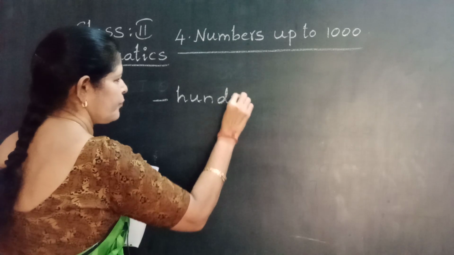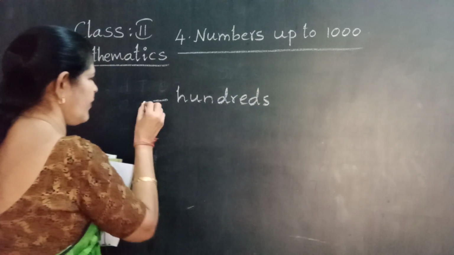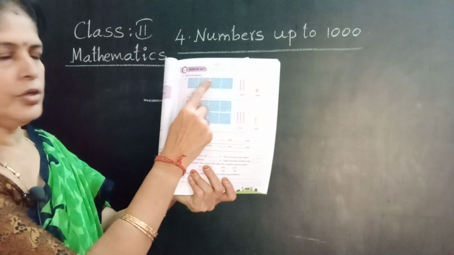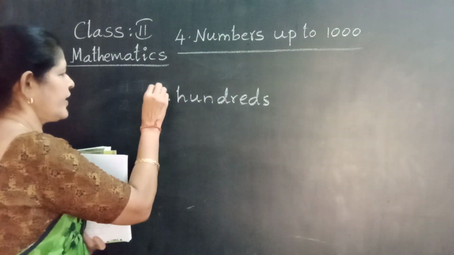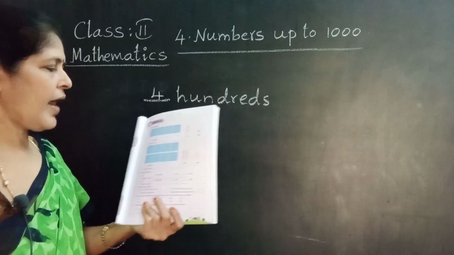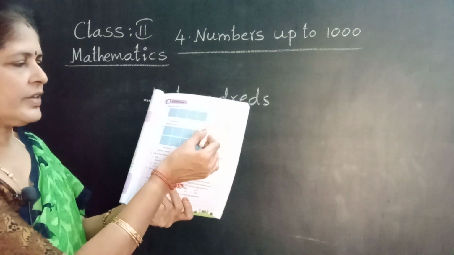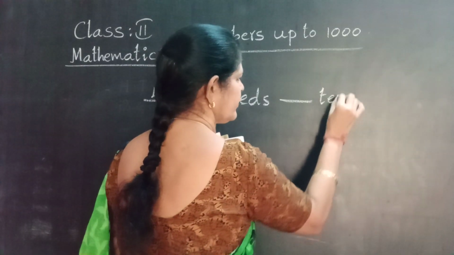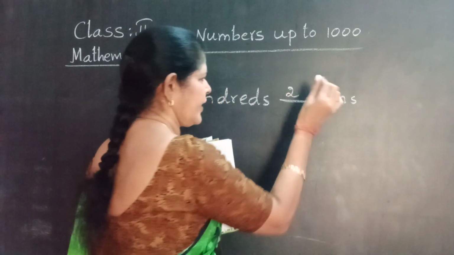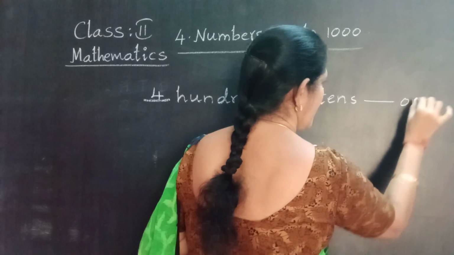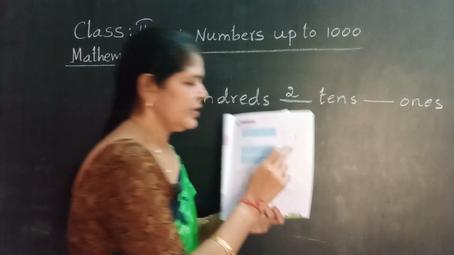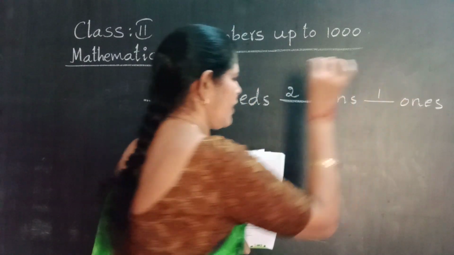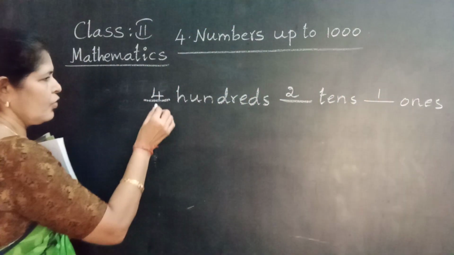The big blocks. Count again: 1 2 3 4. Write number 4 in the blank of hundreds. Now go to tens. 1 2. How many tens? 2. Next go to ones. How many ones? 1.